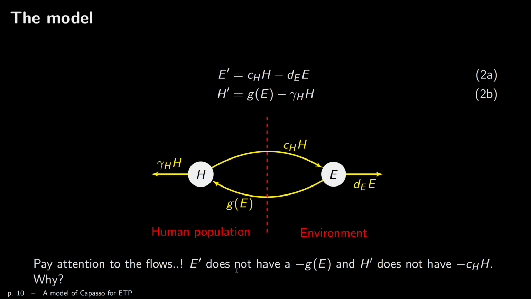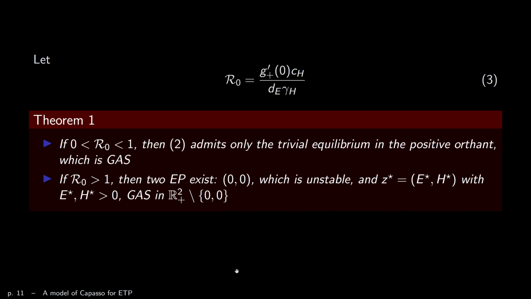Now, this is a very simple model. What does it do? Well, we can compute an R0, a reproduction number, essentially, for the model. So it has this slightly weird shape compared to what you've seen before.